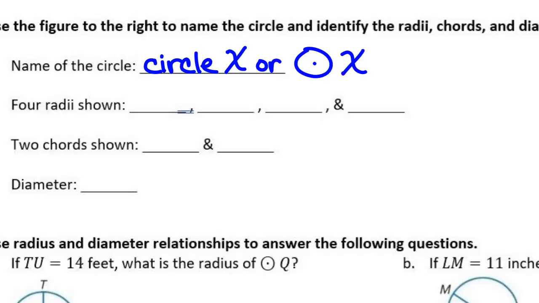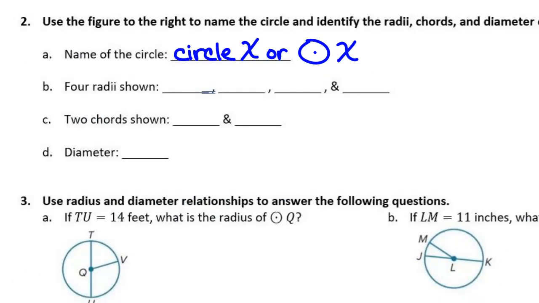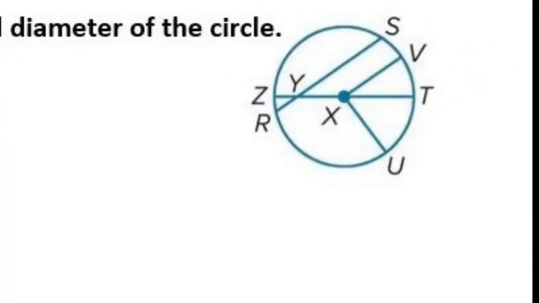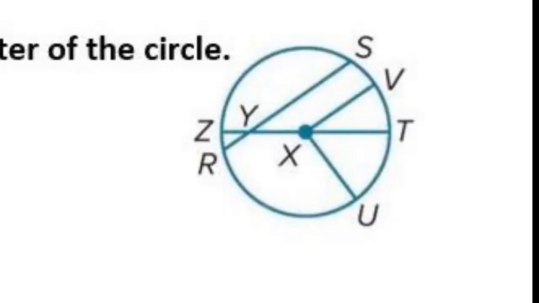There are 4 radii shown in this figure. Remember, a radius goes from the center to the edge of the circle. Can somebody name me one radius? XV, this right here, would be a radius.